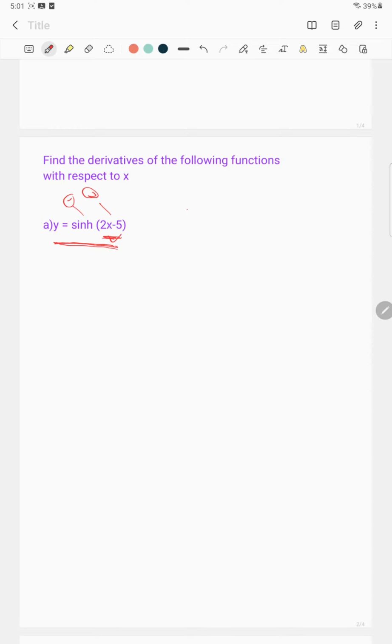The inner one, the innermost, we differentiate last. So differentiate sinh, from the formula above, we get cosh.